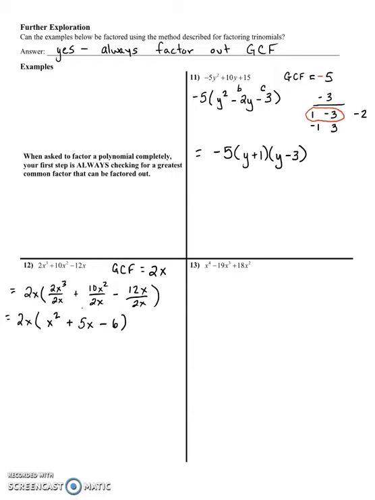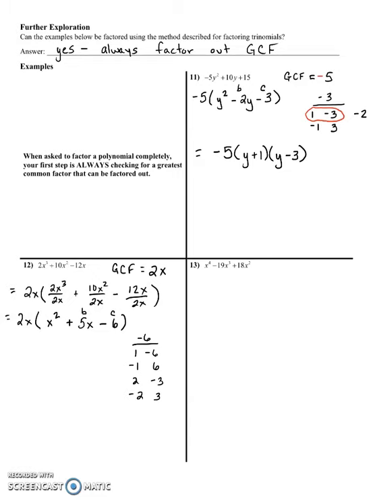Okay, so now our b is a positive 5 and our c is a negative 6. So we need things that multiply to give us negative 6. That's 1 and negative 6, negative 1 and positive 6, 2 and negative 3, or negative 2 and positive 3. And we need the combination that gives us a positive 5.